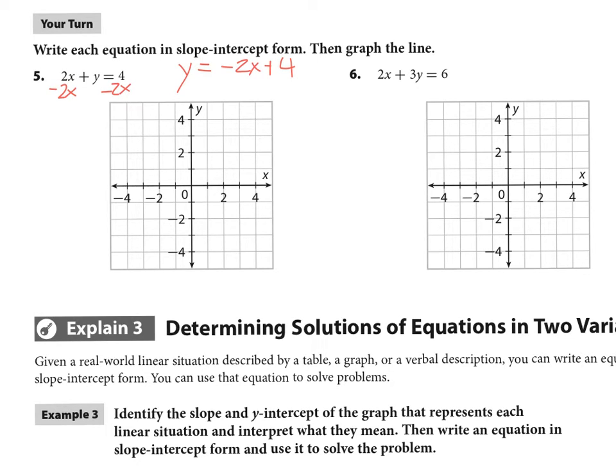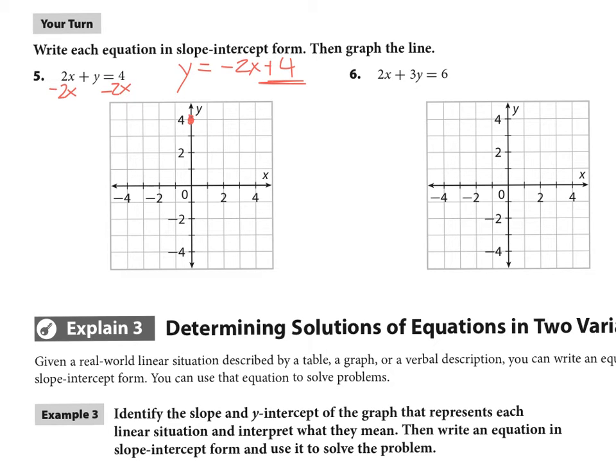Now, as far as graphing it, could I put it in a calculator and get a table of points? Yes, I could. But if you start learning it this way, it's a whole lot faster. 4 is my y-intercept, or my zero term, or my starting point. So I go on the y-axis to 4, and I put a point.